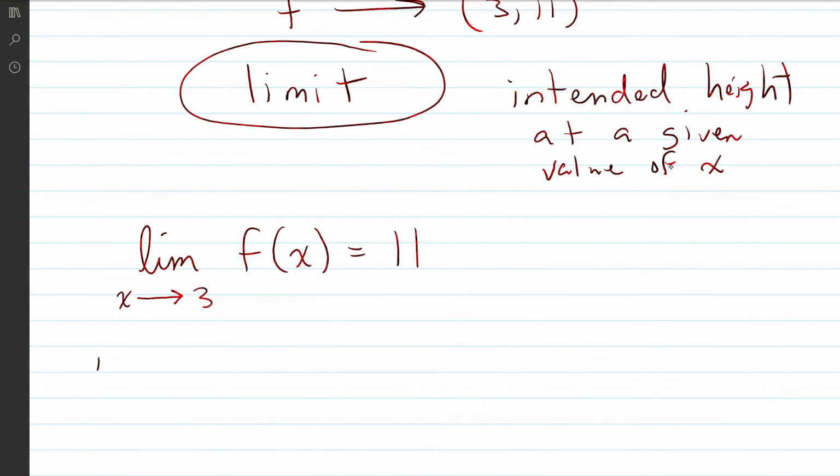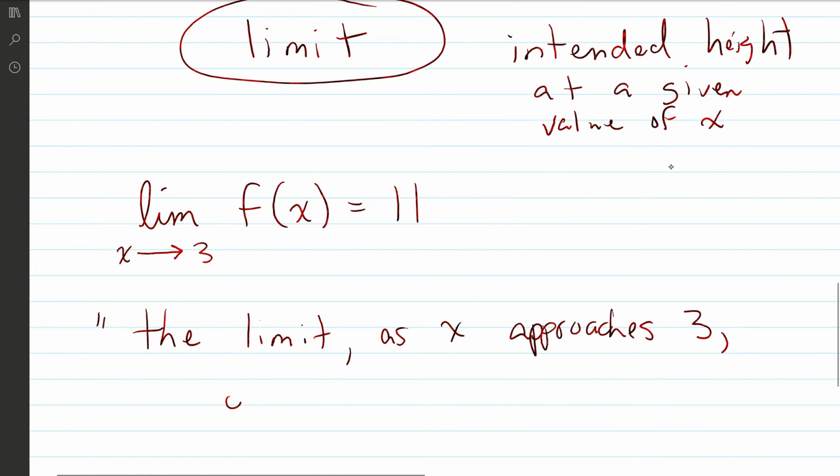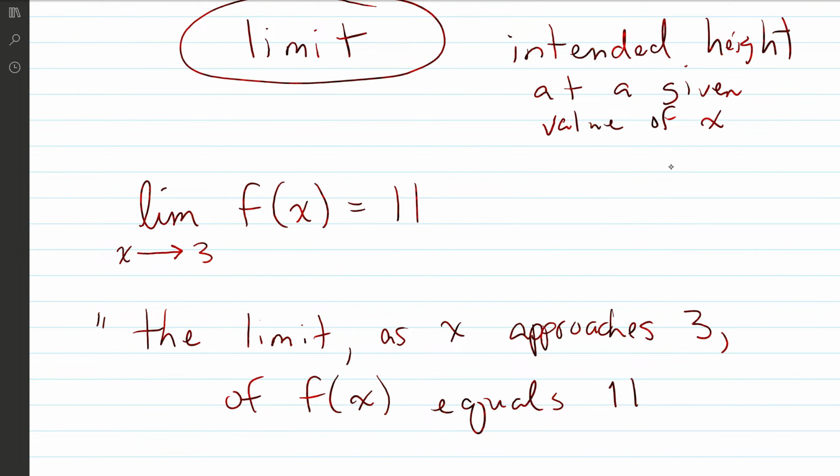So what does it say? To read this notation, it says that the limit as x approaches 3 of f of x equals 11.